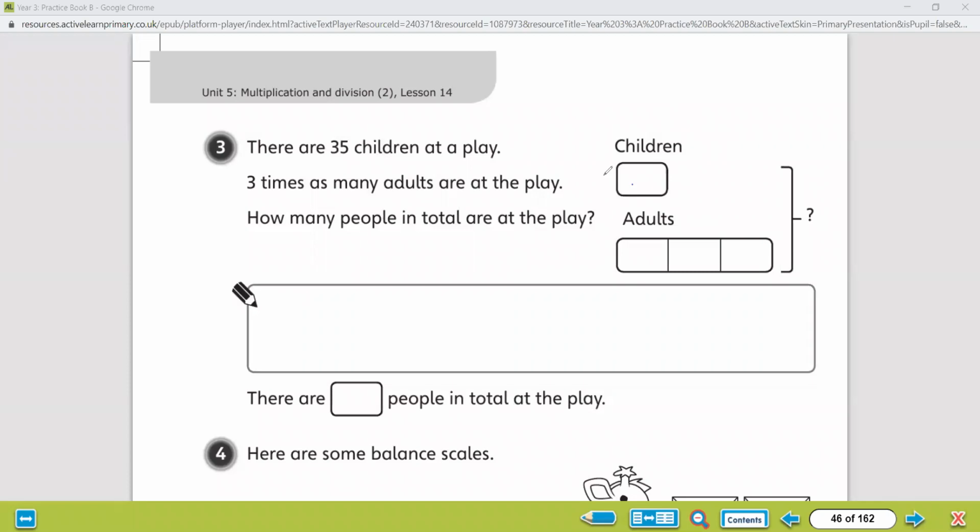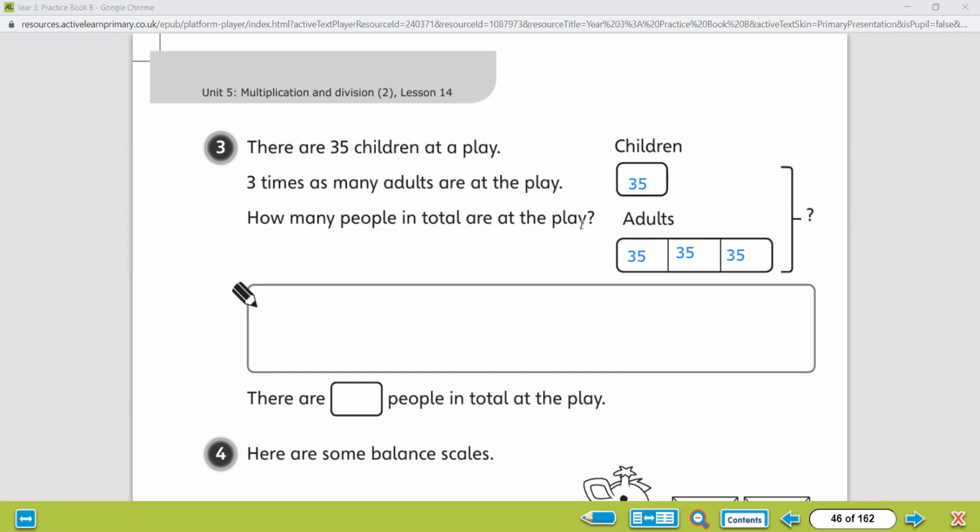So we've got the text, thank you. We've got 35 children, and there are 3 times as many adults, so we've got 1 time, okay.